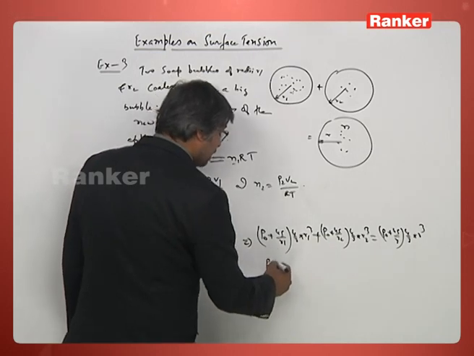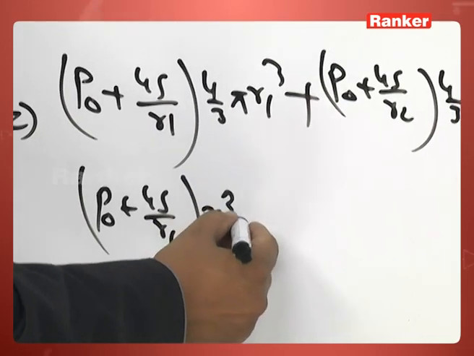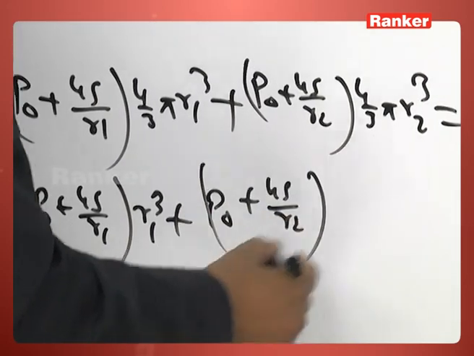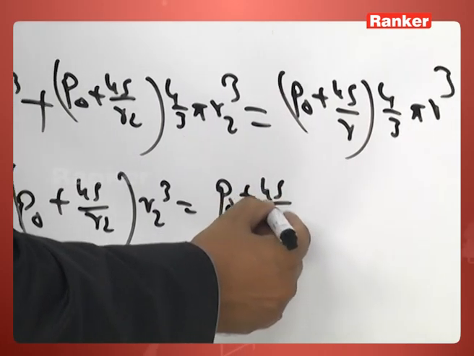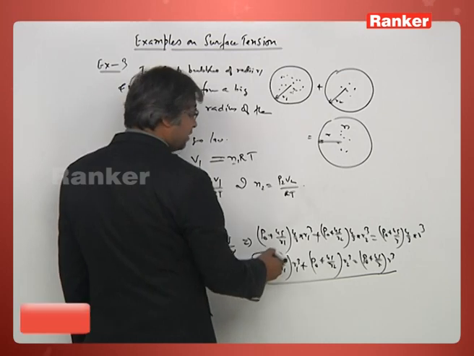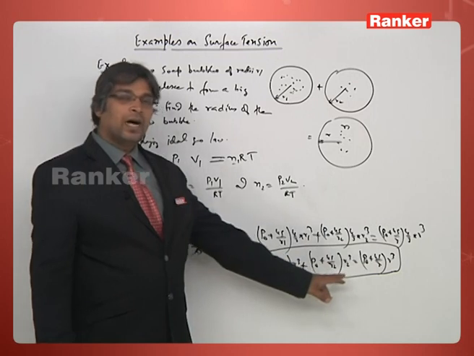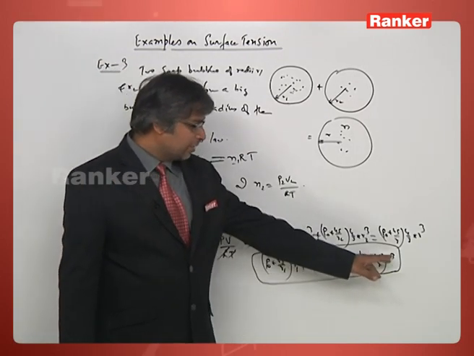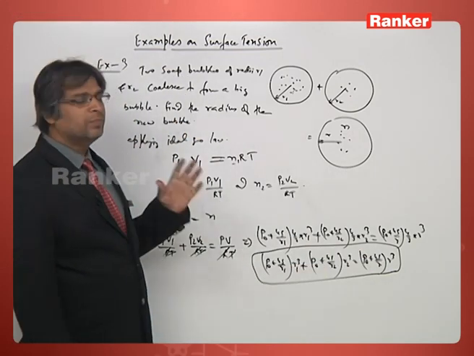So we have P0 plus 4S by R1 times R1 cube plus P0 plus 4S by R2 times R2 cube is equal to P0 plus 4S by R times R cube. So from this equation, the expression of R can be determined. It's not cubic, some power is there.